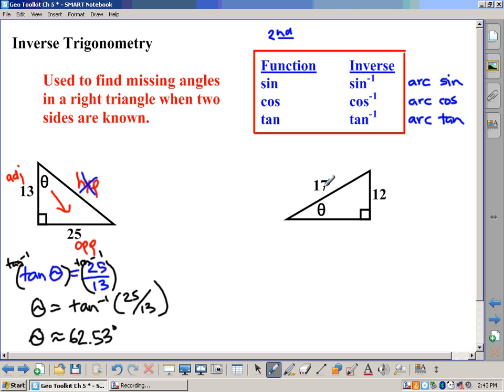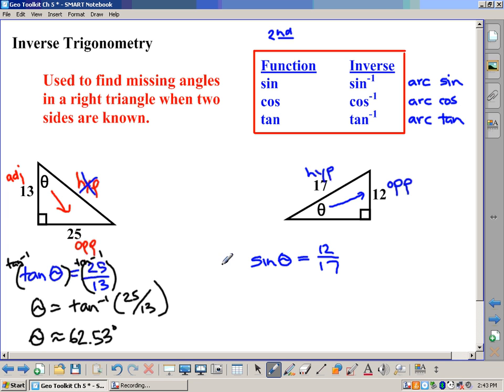Okay, over here on this example, we've got the angle, we've got going directly across the opposite, and we've got the hypotenuse. So in this case here, the trig function that involves opposite and hypotenuse is sine. So we could say sine of theta equals 12 divided by 17.